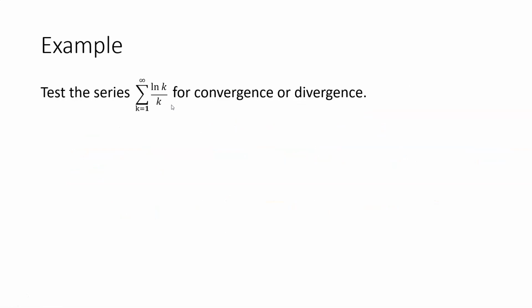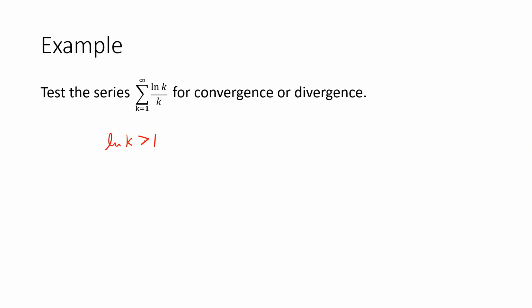Let's do another example where we can try and compare the series with something that we know something about already. Here we've got the series ln of k over k. Now, it's not entirely obvious because here ln of k is not necessarily a polynomial, but we can always say this about ln of k. ln of k is always going to be greater than 1, or at least eventually, right?